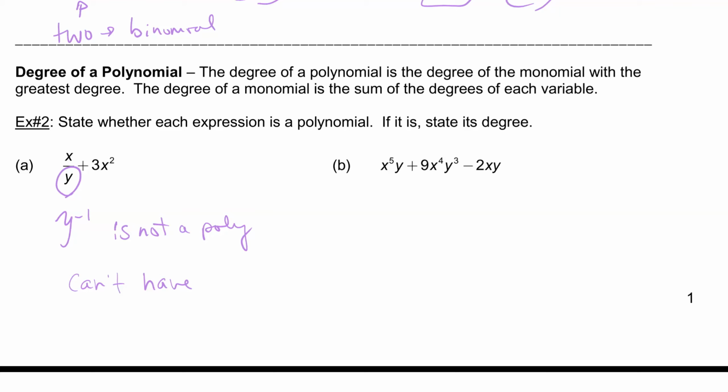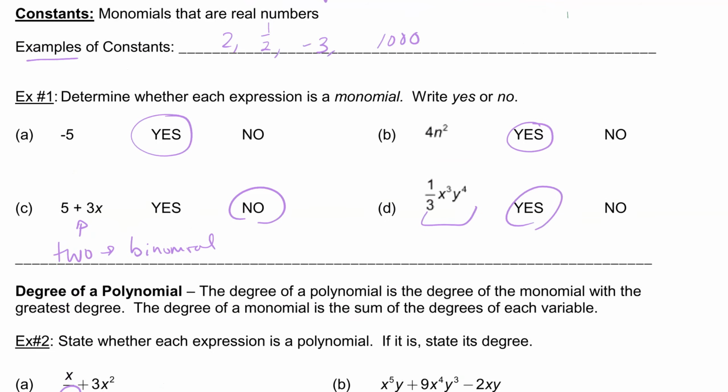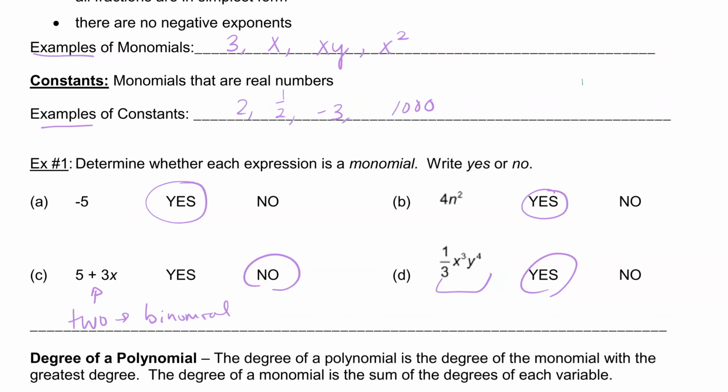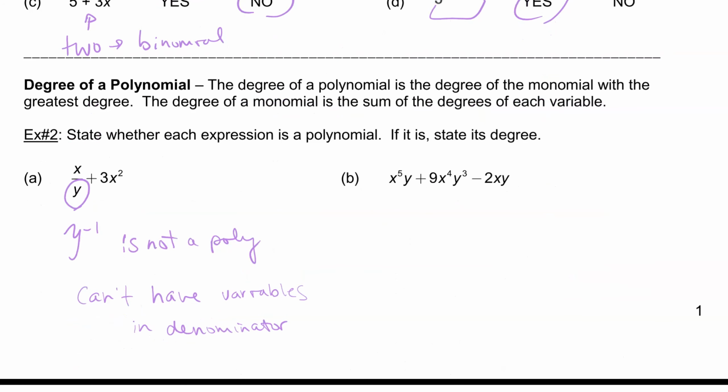Okay, what about a monomial? And denominator. If you look up above, it says that there are no negative exponents. Negative exponents means things on the bottom of a fraction. So technically, x over y is x times y to the negative 1.